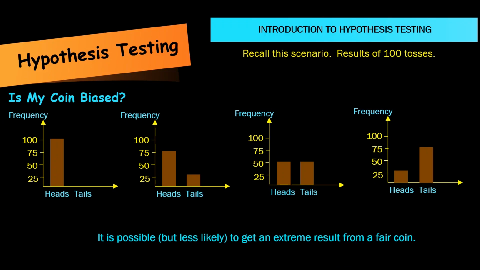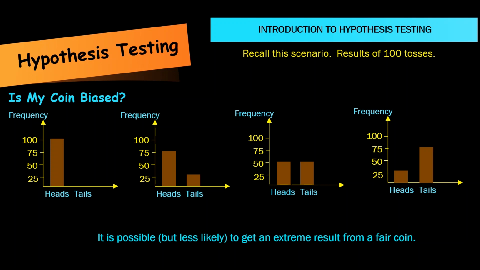So it's possible that we have a fair coin, but it just so happens that when we toss 100 times in one go, all our tosses are heads. It's extremely unlikely, but still possible.